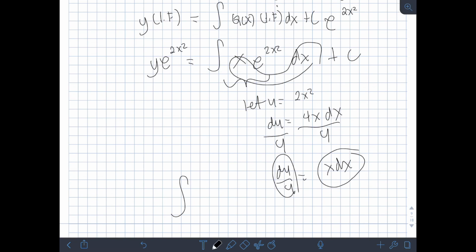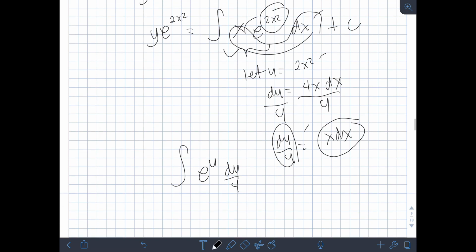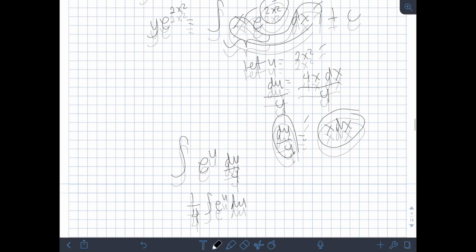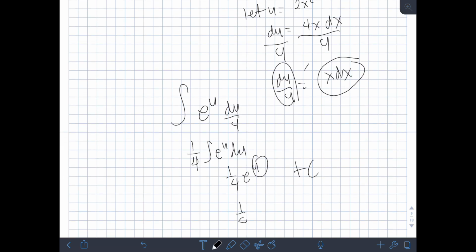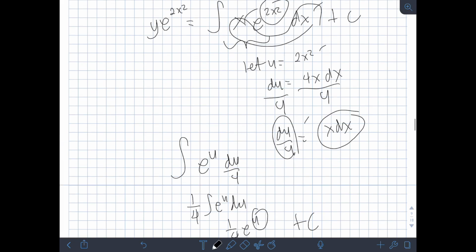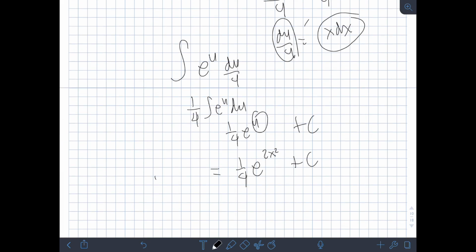So, we have the integral of e raised to 2x squared, which is u, and then this x dx becomes du over 4. So, 1/4 integral of e^u du. Therefore, we have 1/4 e^u as its integral plus c. And then we return u to 2x squared. So, 1/4 e raised to 2x squared plus c equals y times e raised to 2x squared.